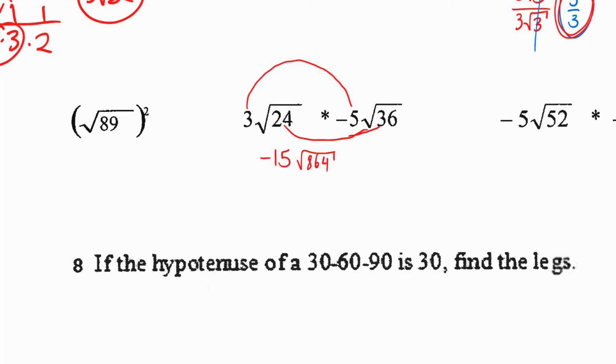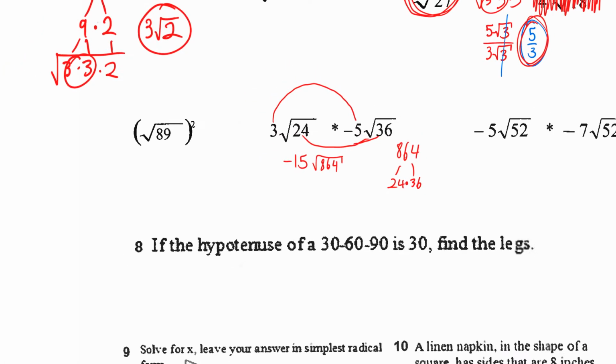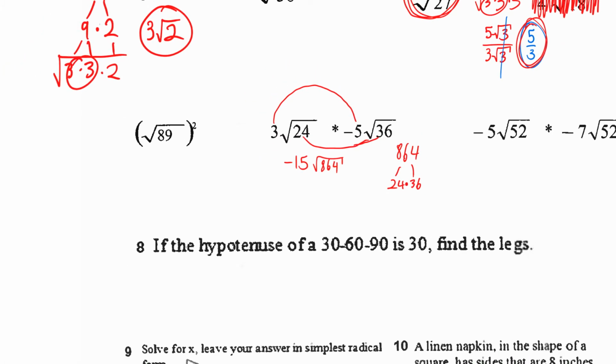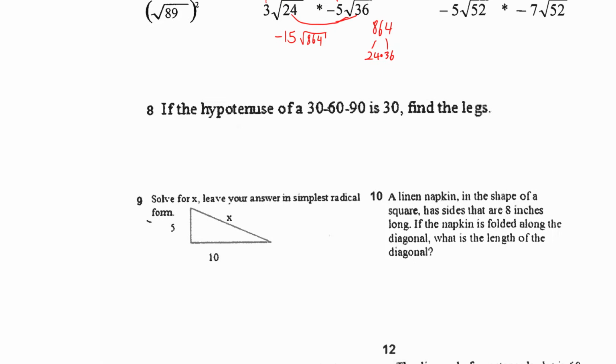Remember, you multiply outside numbers together and inside numbers together; you don't mix them. Now you're just going to break down the 864, and you can go from there. Okay, I'm going to let you do that one.